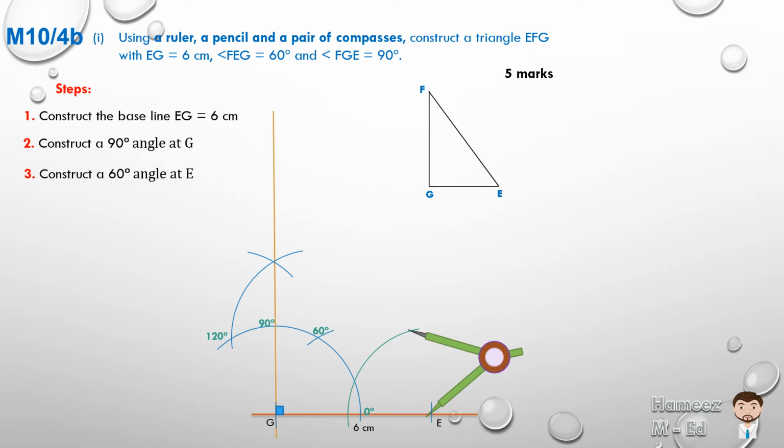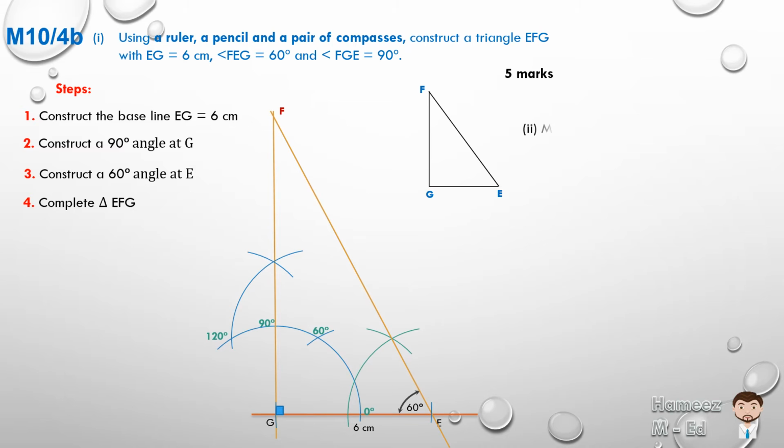That's the 0 line. We rest our compass on the 0 line now and we scribe an arc, and that intersection is 60 degrees. So we draw a line through E, through the intersection, and continue it until it intersects the perpendicular line or the vertical line. And where they intersect will be F.